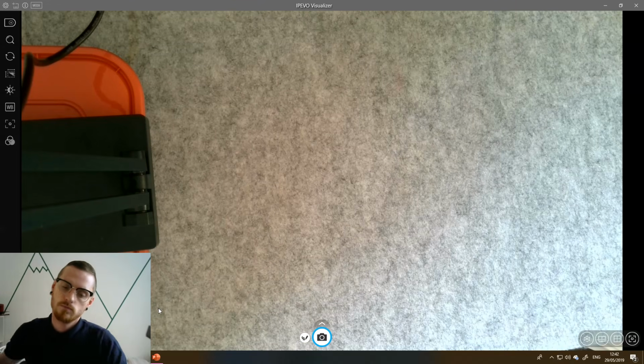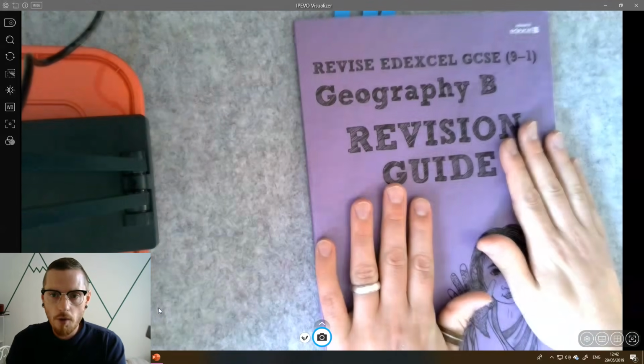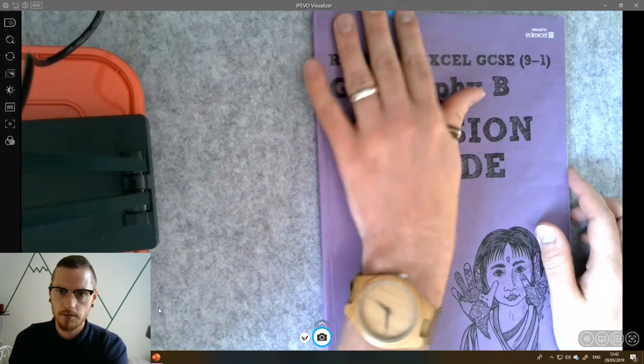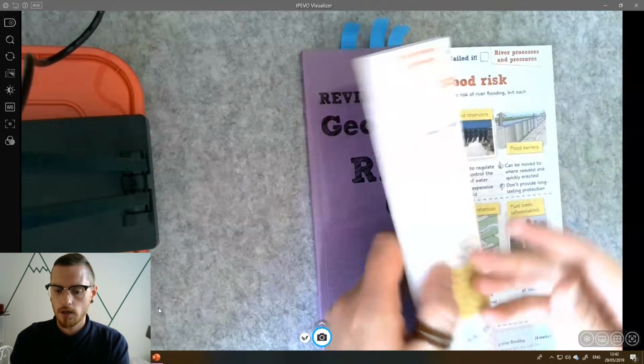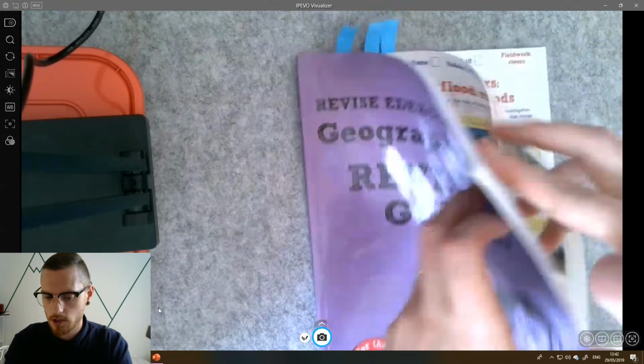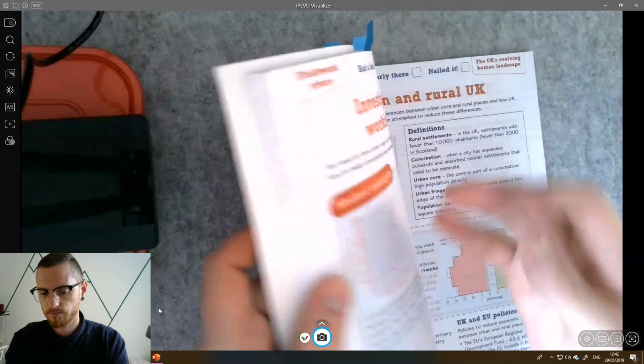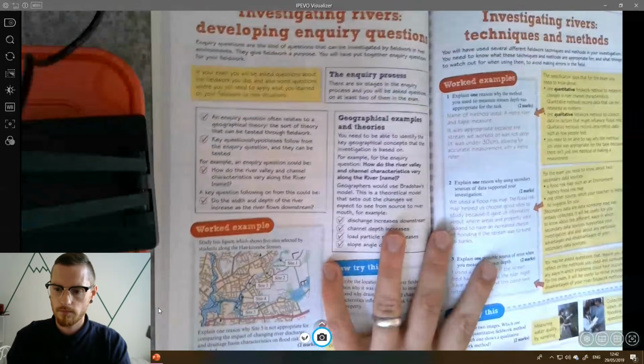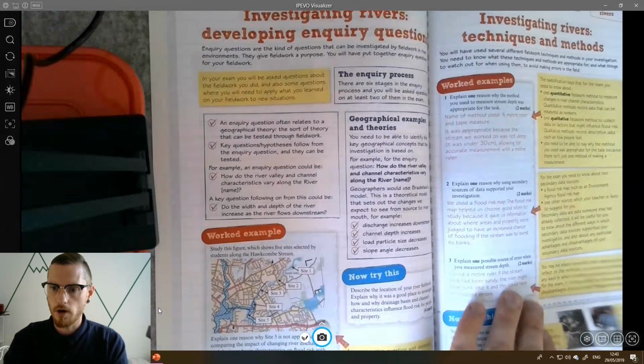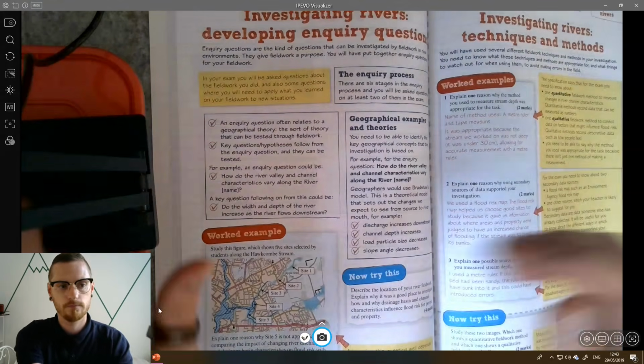If you go to the revision guide, the purple revision guide, we've got page 65.